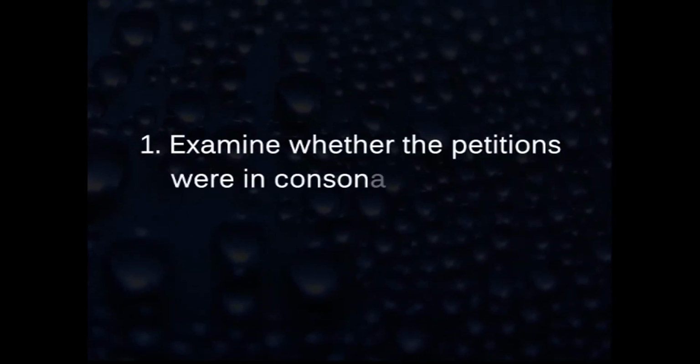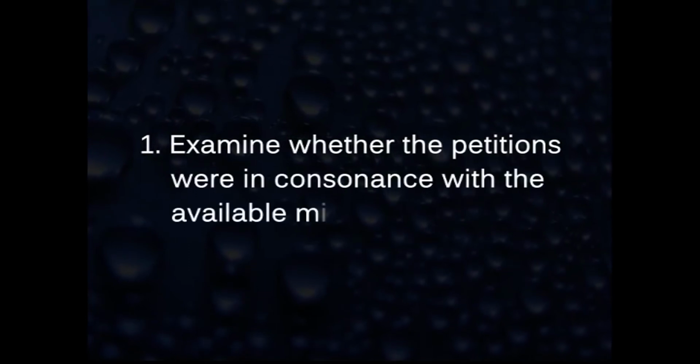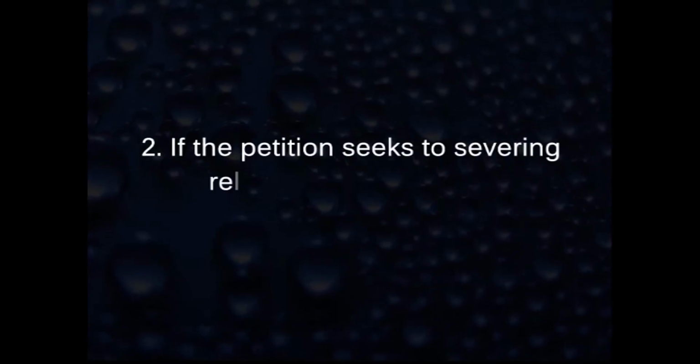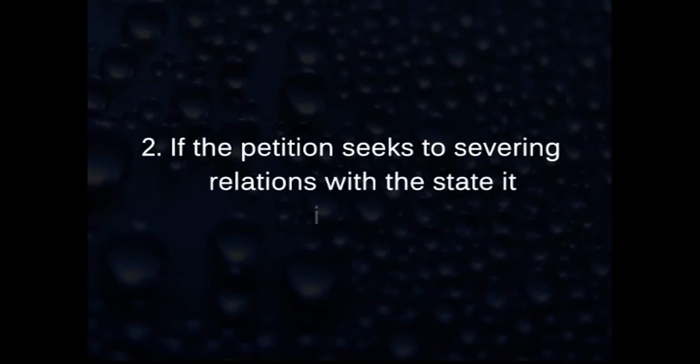The League system entrusted the minority section with the responsibility to analyze the petitions with the following concerns. Number 1, examine whether the petitions were in consonance with the available minority treaties. Number 2, whether the petition seeks severing relations with the state it inhabits.